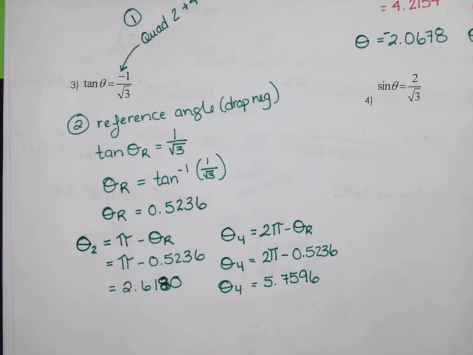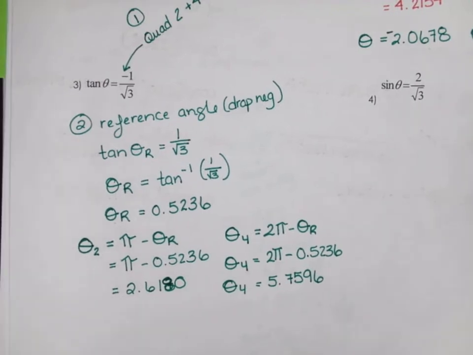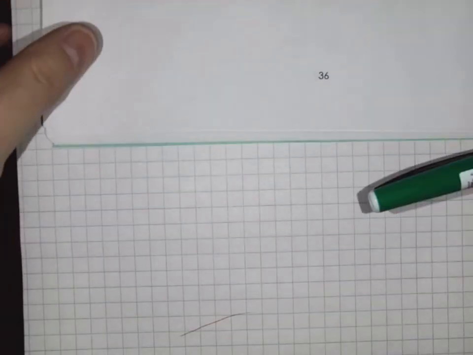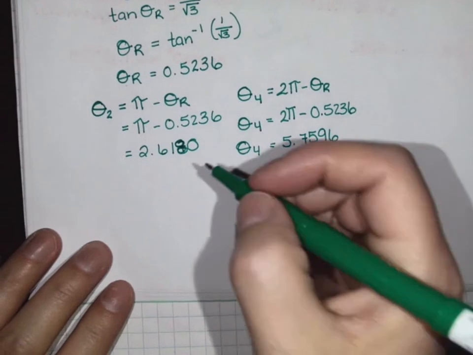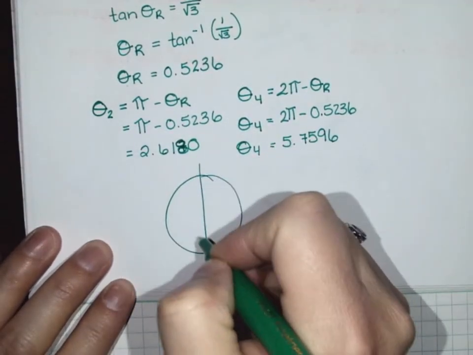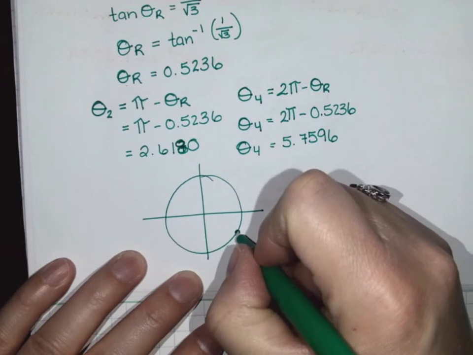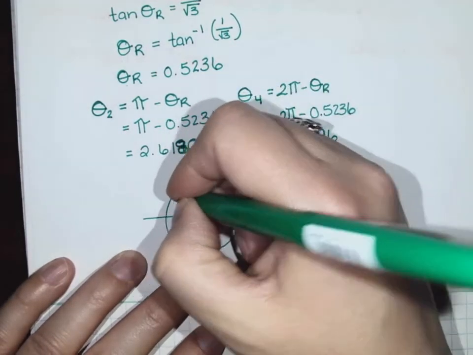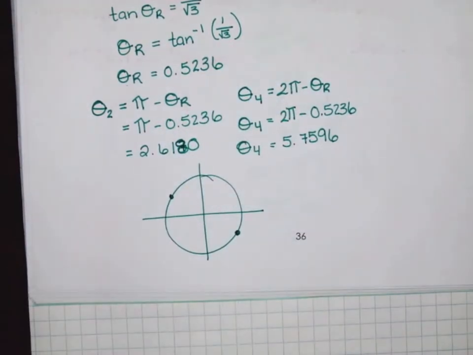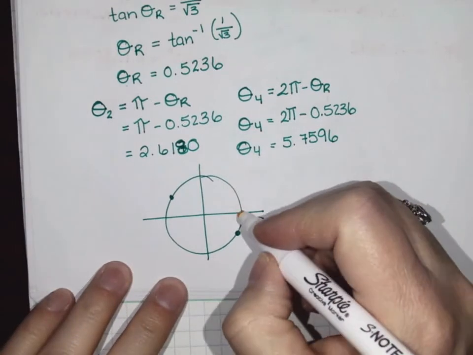So let's talk about where we are for a second. Can I slide it up a little? So where are my answers? They're in 4 somewhere, and they are in 2 somewhere. My restriction on the back end of this is just a negative pi.